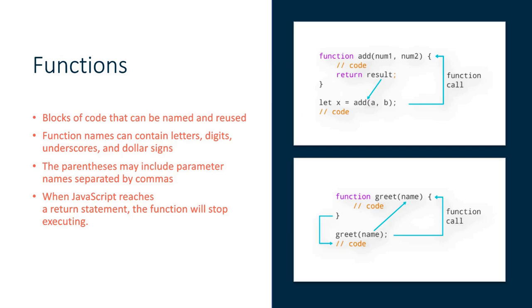Within these parentheses, we can give parameters for the code inside the function. And the function ends when it reaches the return keyword inside the code. And with this return, we can pass the variable to our main code.